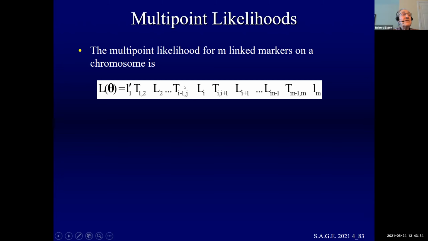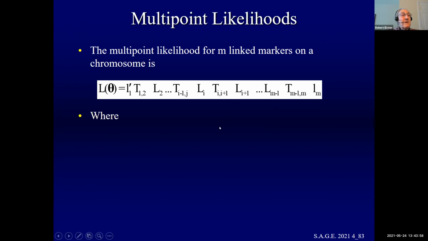The ith term is just this transmission from I-1 to I, Li, I to I plus 1, Li plus 1, and you go right along the chromosome till you get to the last one. This is again a vector. This is a square matrix, and this is a vector.